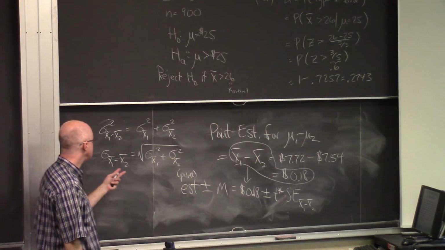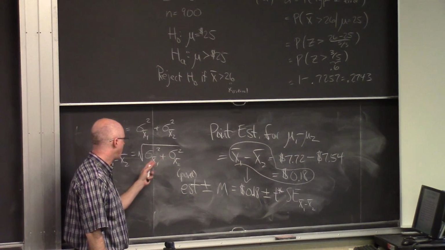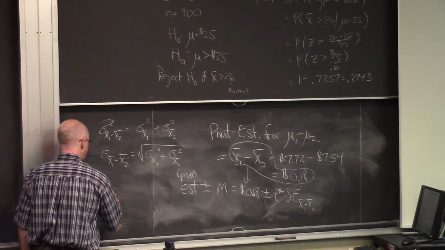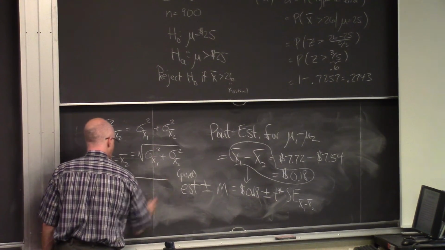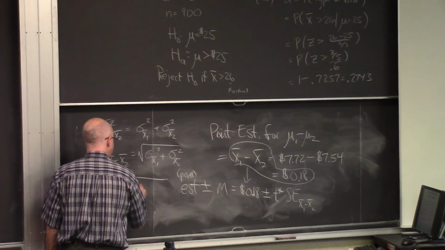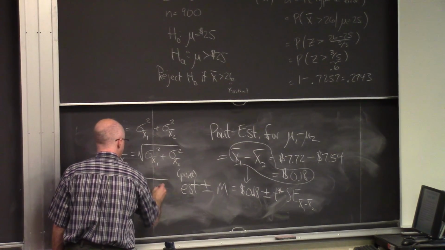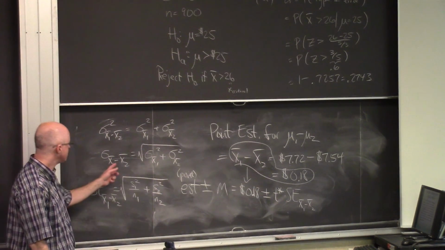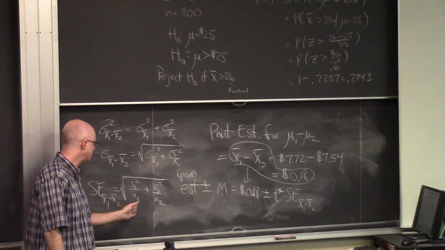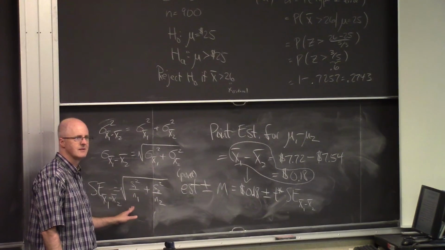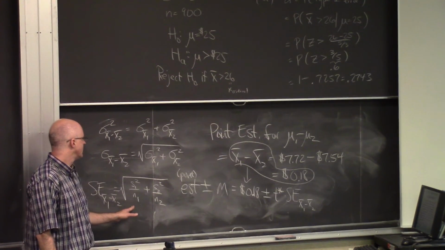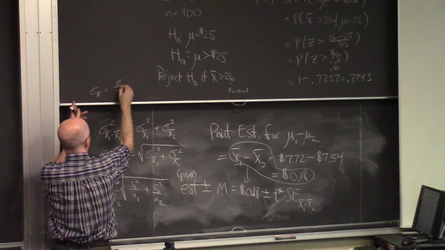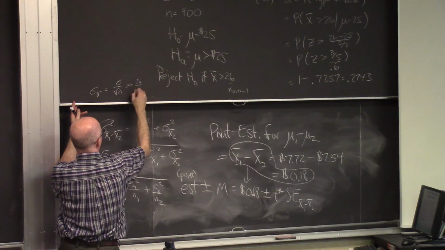Basically, this formula can be used with your estimates for these variances to say that the standard error we're after, standard error of x1 bar minus x2 bar, is the square root of s1 squared divided by n1 plus s2 squared divided by n2. These are means based on sample sizes, so you need the n1s and n2s in there. You know, the standard deviation of the sampling distribution of x bar is sigma over square root of n, which is approximated by s over square root of n.